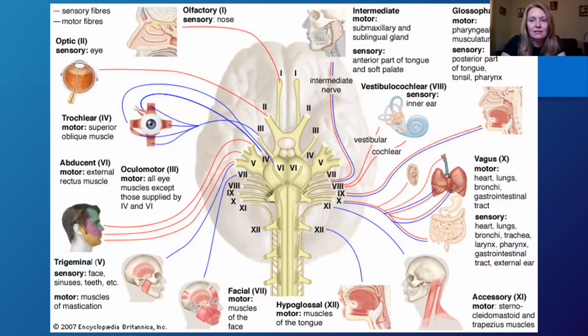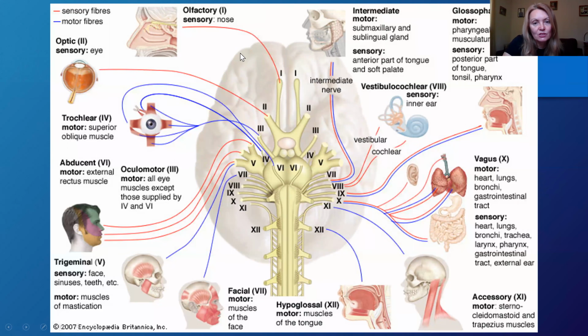So this is a very quick summary, because often we spend so much time teaching students about these cranial nerves. I don't know how much students remember, but this is just a really brief summary. And another thing, if you look over here, we have sensory shown in red and motor in blue.